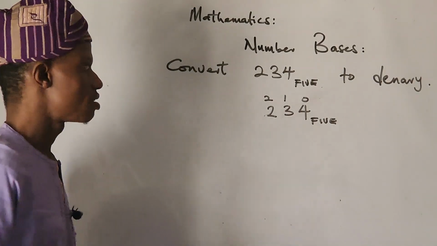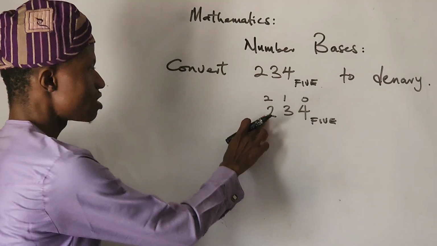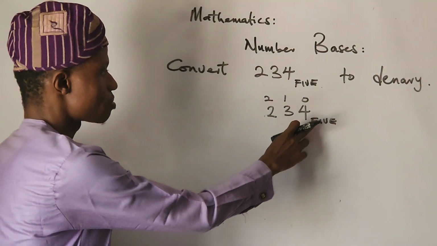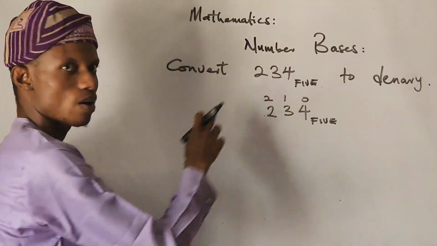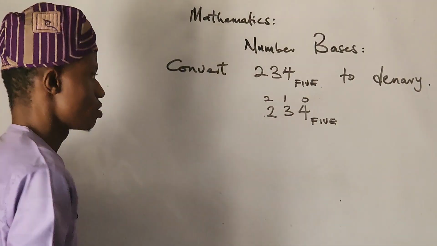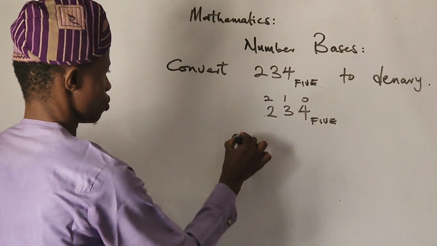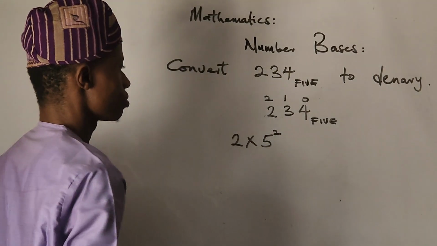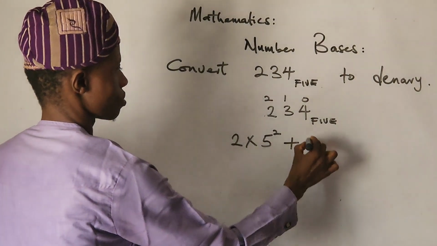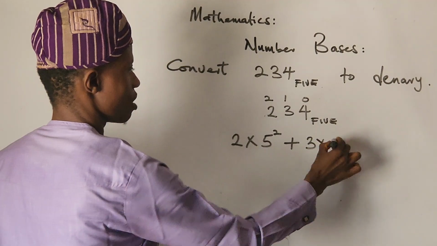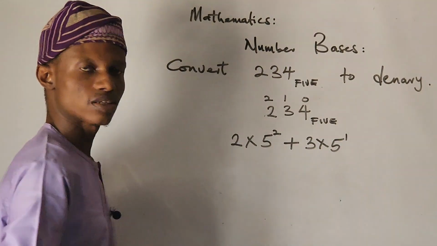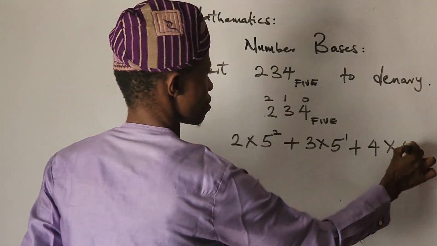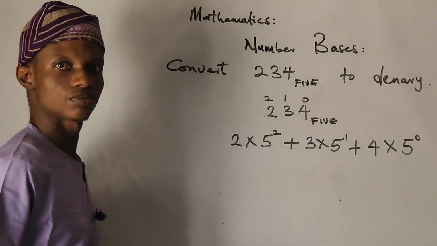So after assigning powers to the digits, the next step is to expand. How do you expand? You multiply each digit by the base, and then you express the base to the power assigned to the digit. So I would say 2 times 5 raised to power 2 plus 3 times 5 raised to power 1 plus 4 times 5 raised to power 0.